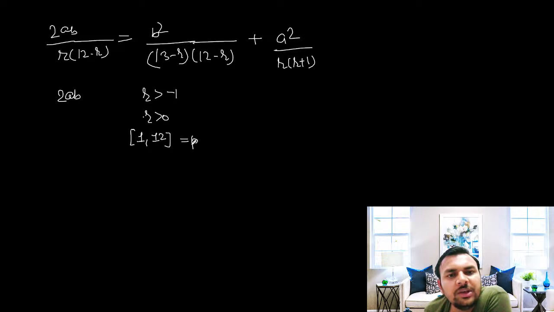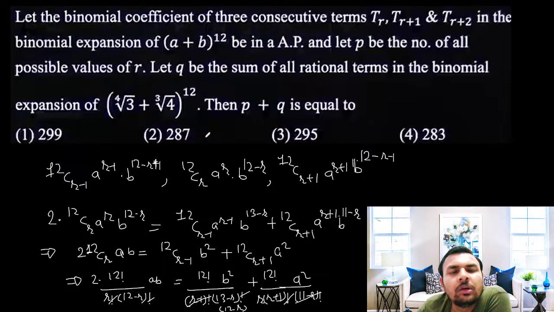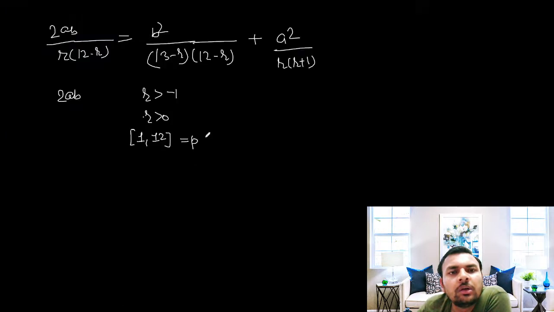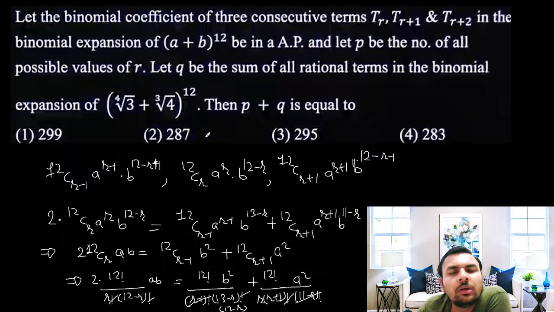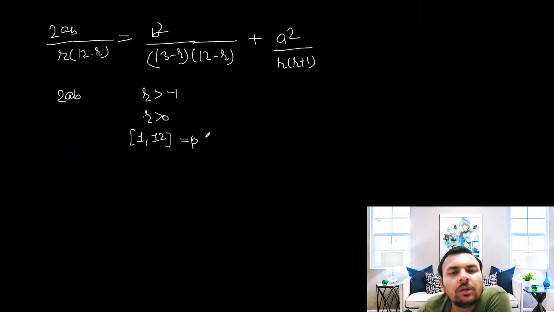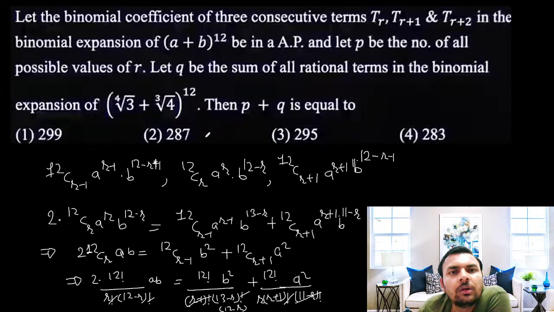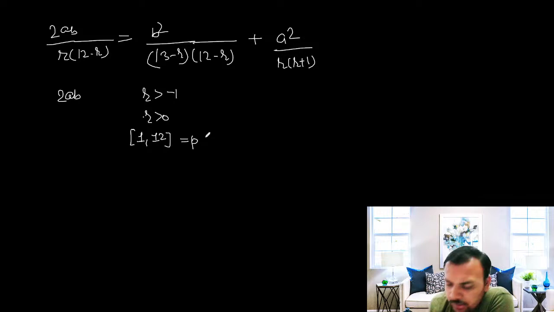So this is P. So we have total 12 terms, P equal to 12. Okay, and now P equal to 12.